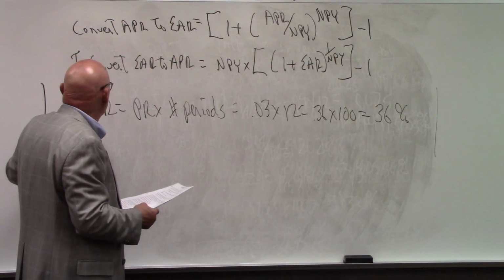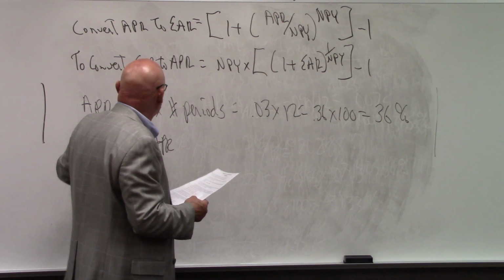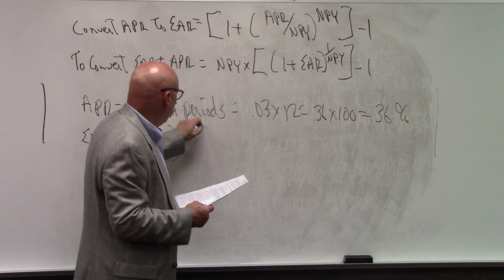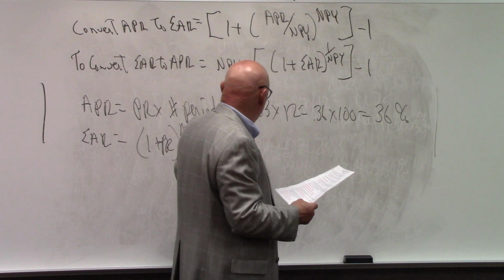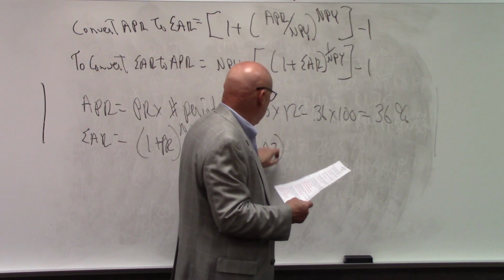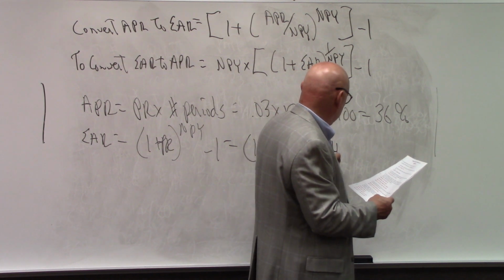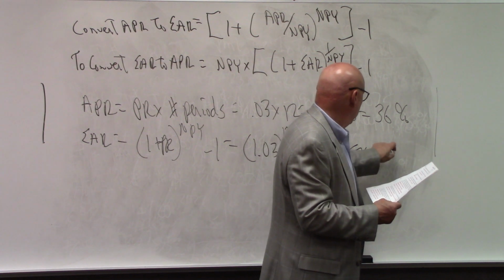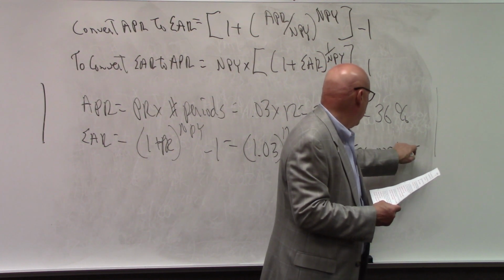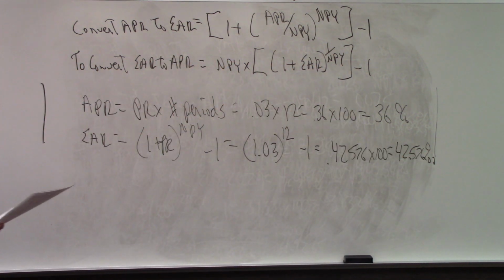Your EAR is equal to 1 plus the period rate, raised to the number of periods per year, minus 1. So you have 1.03 raised to the 12 minus 1 is 0.42576 times 100 equals 42.576%.